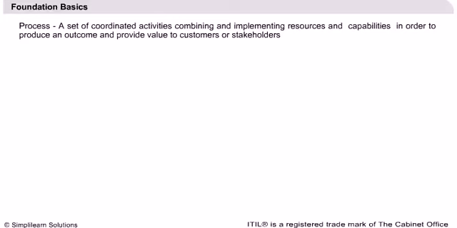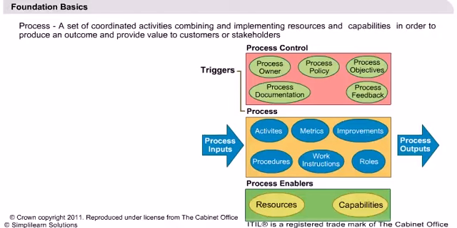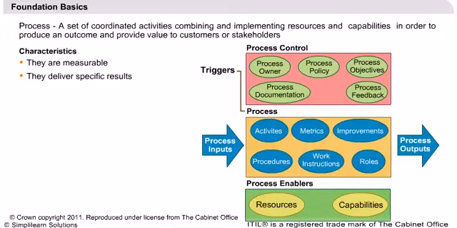Processes can be defined as a structured set of coordinated activities designed to produce an outcome and provide value to customers or stakeholders. A process takes one or more inputs, and through the activities performed, turns them into defined outputs. Some principles: all processes should be measurable and performance-driven, not just time, but measuring overall efficiency, including cost, effort, and other resources used.